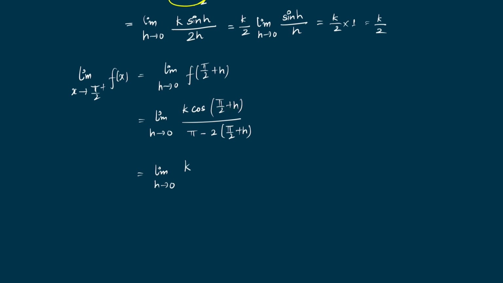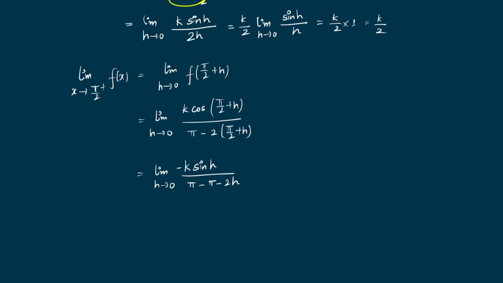Now this is in the second quadrant, and in the second quadrant cos is negative, so it will be minus sine of h, whole divided by pi minus, if you multiply and simplify, it will be pi minus 2h.